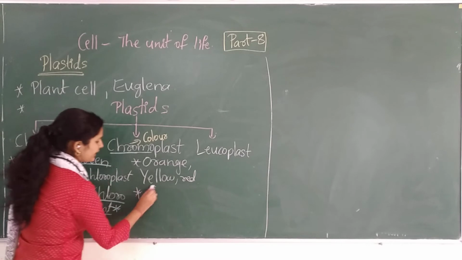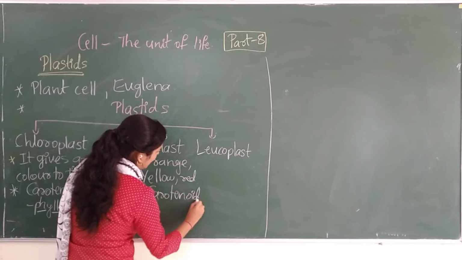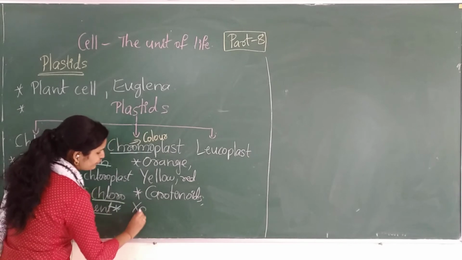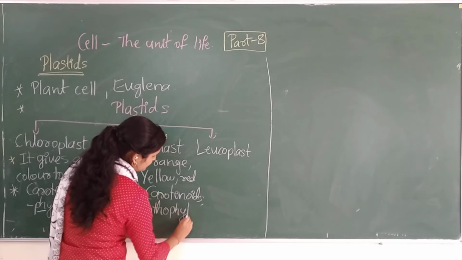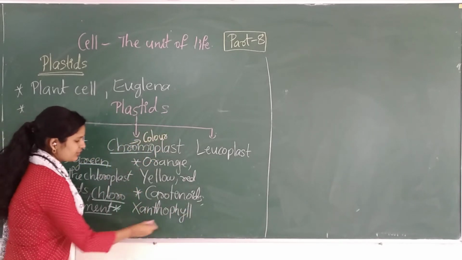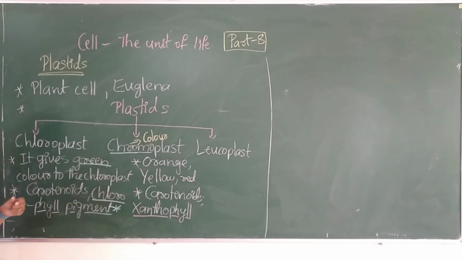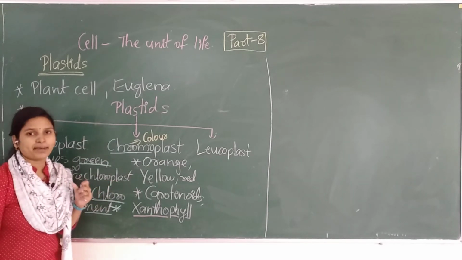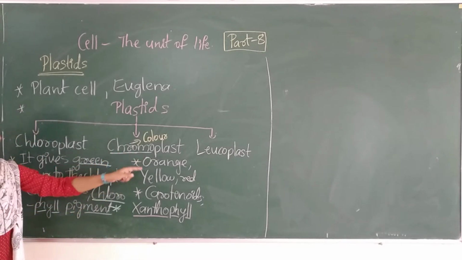Here carotenoids and mainly xanthophyll, due to the presence of these pigments, the plant is getting orange, yellow or red colored parts. So chromo means color.